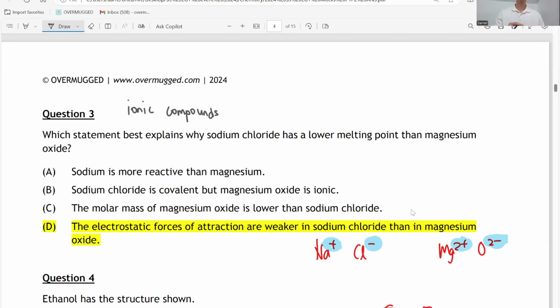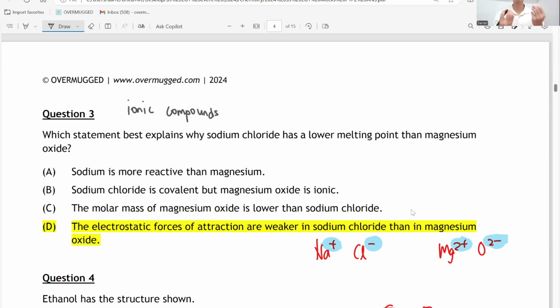Now, when is your ionic bond stronger? It's stronger when the charge of your ions is bigger. So a 2 plus and 2 minus would form a stronger ionic bond than a plus and a minus. Meaning a 3 plus and 2 minus is even stronger, right? So that's aluminum oxide, for example. But the main point I'm driving at is that even though they are all ionic compounds, their ionic bond strength is different.